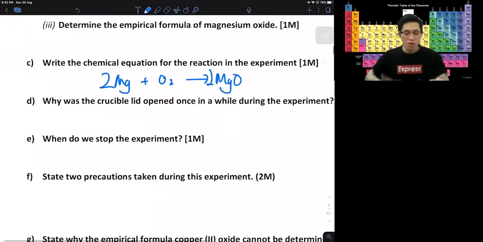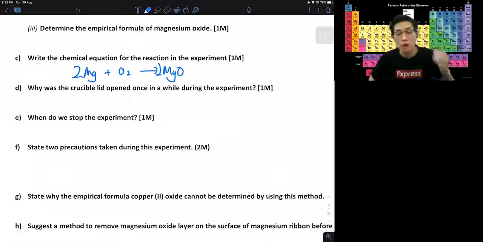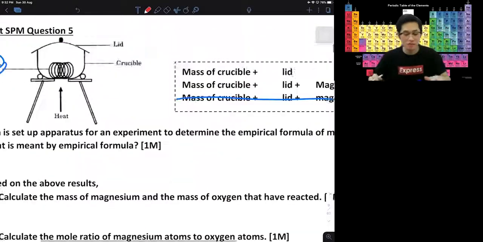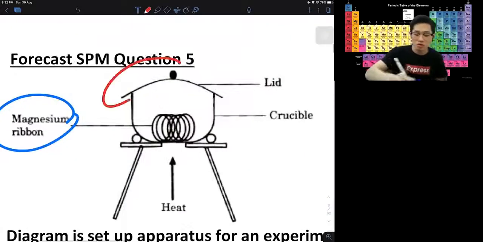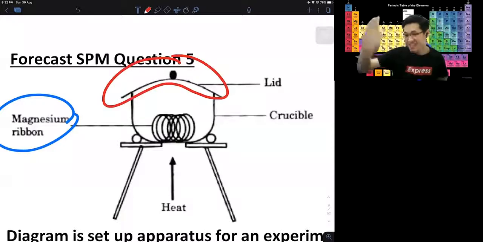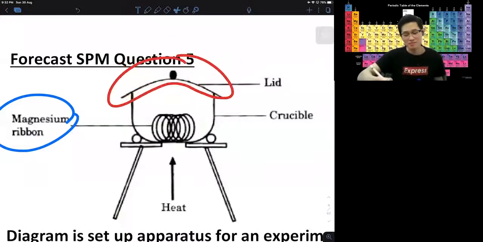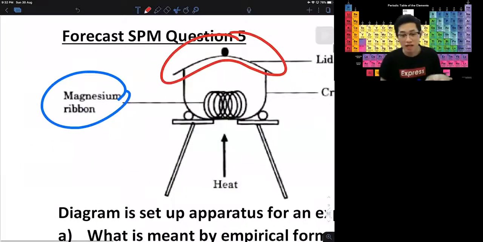2. Why was the crucible lid opened once in a while during the experiment? Yeah, this is a popular question. Why do you have to open? If you still remember how you carried out the experiment, you will open up the lid once in a while. Why? Yes, correct.